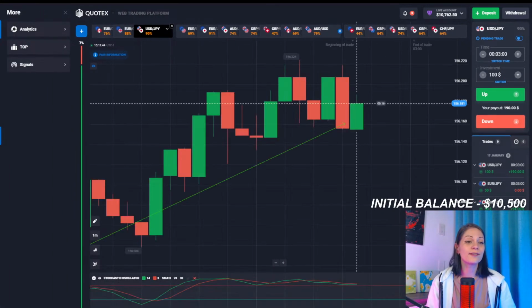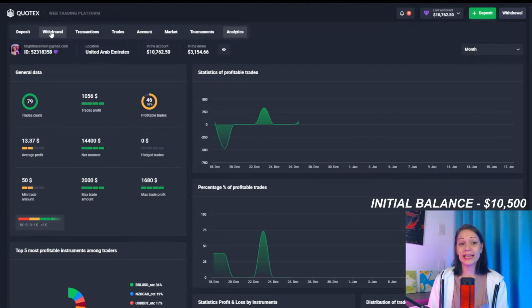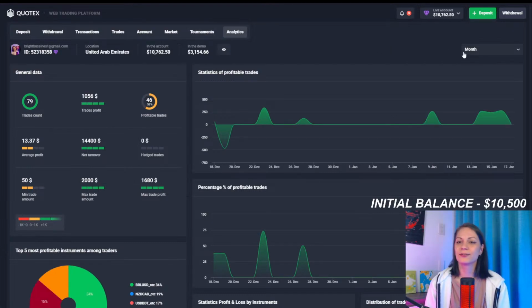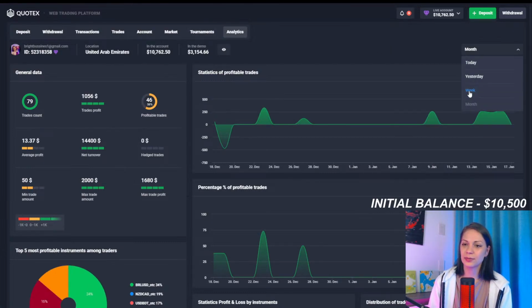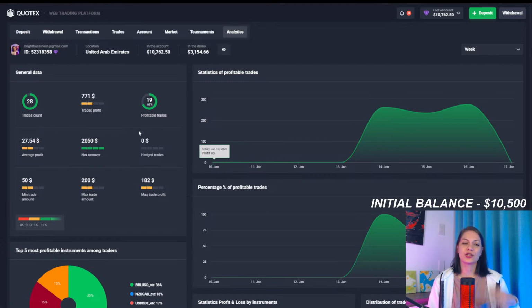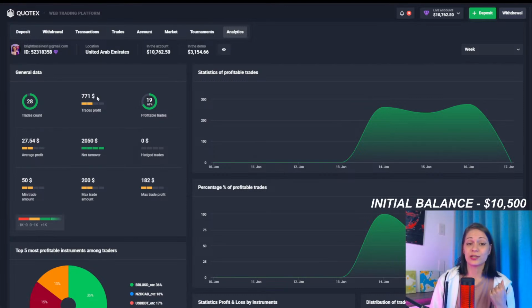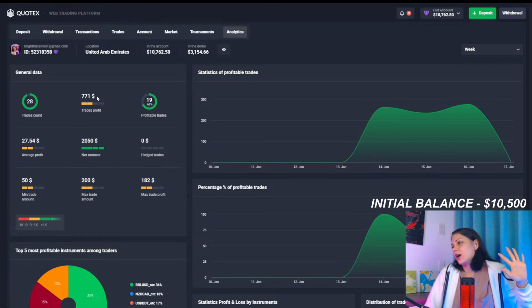So we have $262 in profit today. And that means that for the past week, let me check. It's not going to show us the deals that we have done today, but I can say that we had $771 and we needed 229, and we actually did $262 in profit.